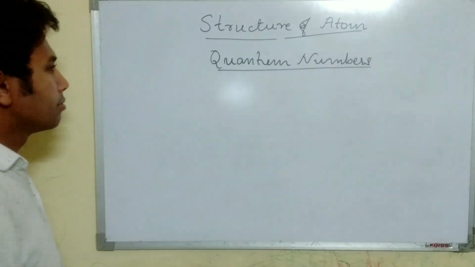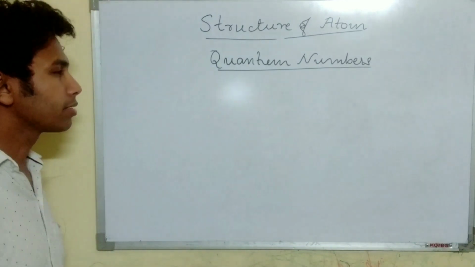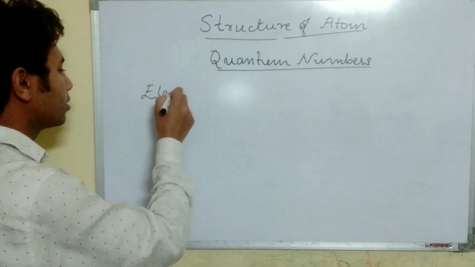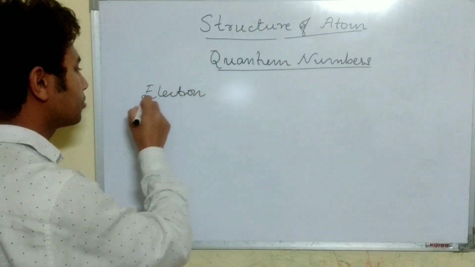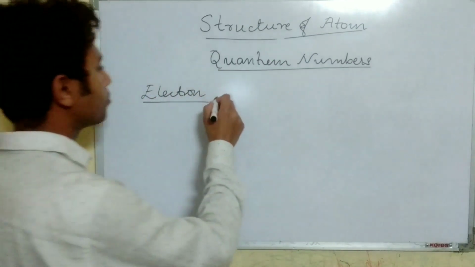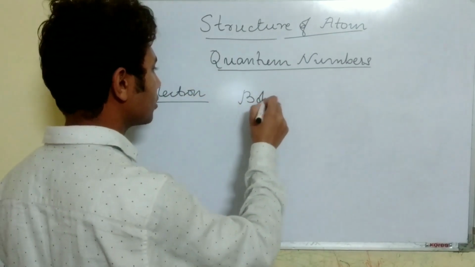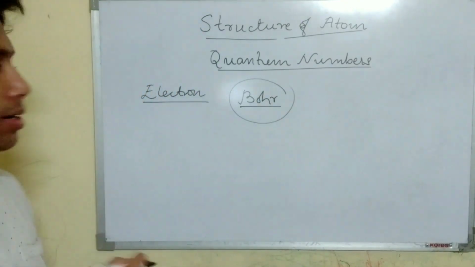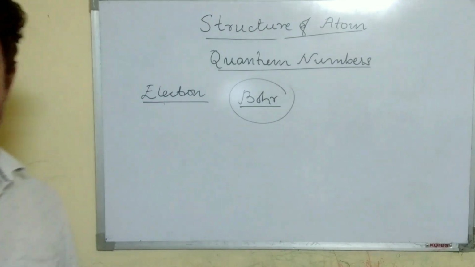Now we see, first of all we know about the electron. Bohr said that electrons are particles.